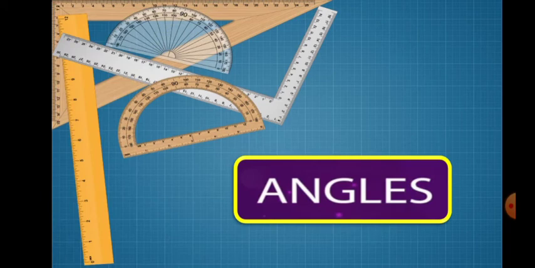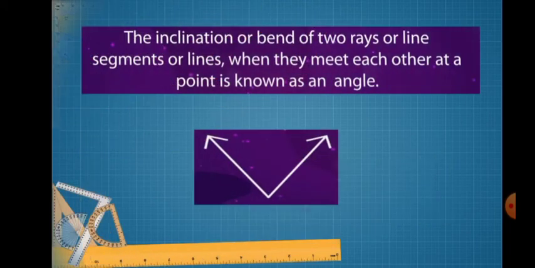The next one, angles. The inclination or the bend of two rays, line segments or lines when they meet each other at a point is known as an angle. Look at this figure. These two rays meet at a point and they make an angle.